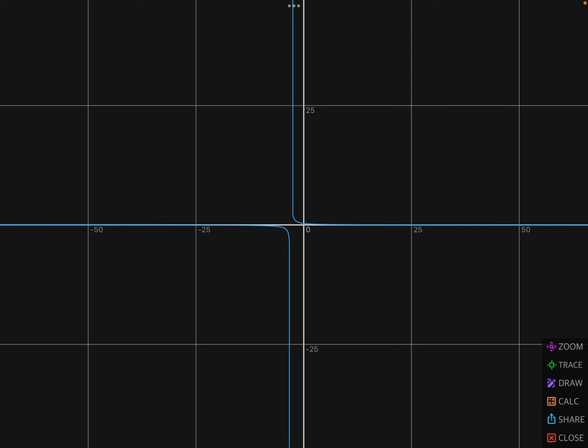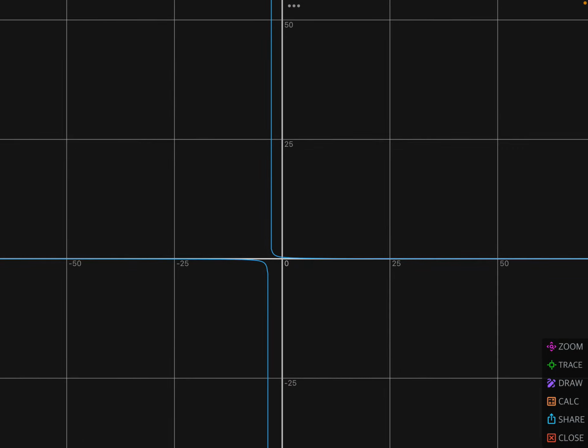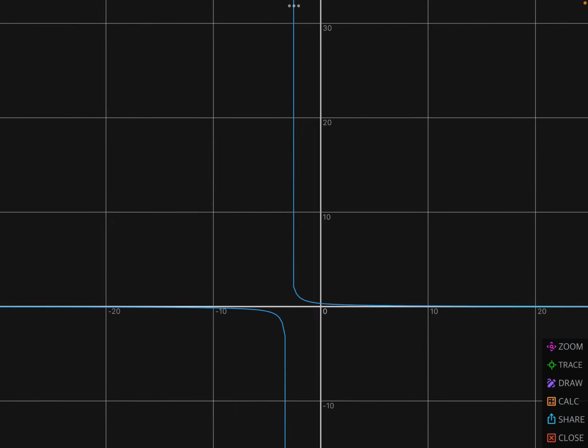But we don't actually see anything weird going on at the x value of 2, even though the function is not defined there. And again, that's largely because of the window that we've chosen. If we zoom in, let's see, there we go.